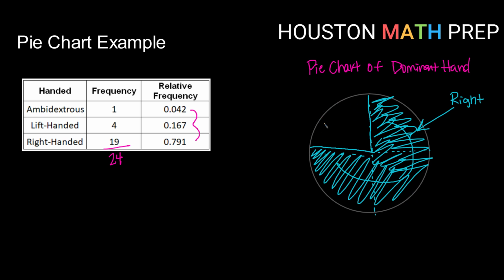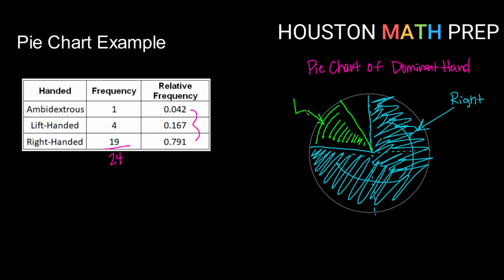Now with what's left over, I have left-handed taking up about 17%, and ambidextrous taking up just about 4%. So in different colors, I'm going to say, all right, if what's left over is about 20%, then 16% is not quite all of it. Here's about 16%. I'm going to color that wedge in green.